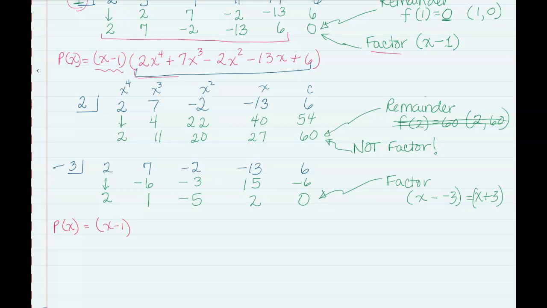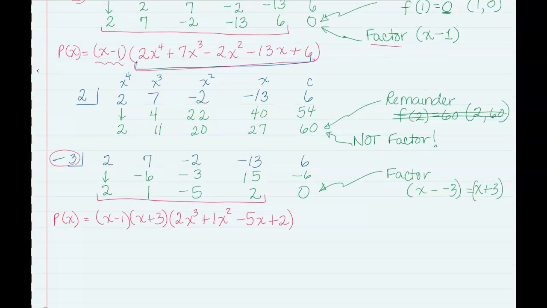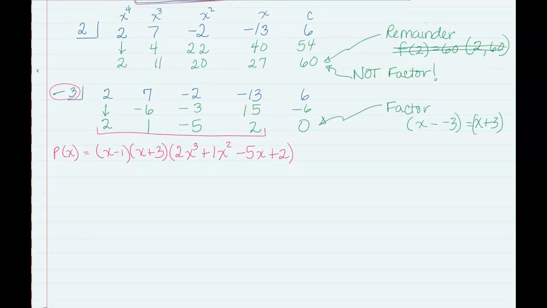And then the 2x to the 4th, I factored as x plus 3. That's from this guy right here. And what's left is this depressed polynomial. It was x to the 4th, so now it's going to be 2x cubed plus 1x squared minus 5x plus 2. So now I just need to factor this cubic that we have here.